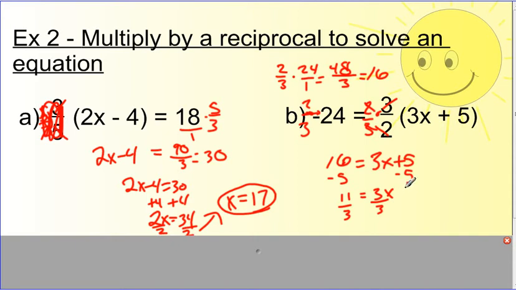Oopsie, I forgot this is a negative 16, which instead of being an 11 here, gives us a negative 21, which now when we divide by 3 works out. So negative 21 divided by 3, now we get x equals a negative 7.